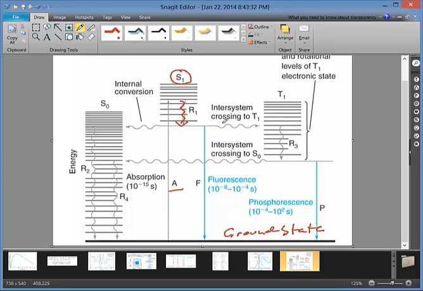And the other direction here is called an intersystem crossing. What's important for us to understand is that in both of these cases, these are what we refer to as radiationless transitions. Radiationless transitions do not emit any light, and they generate heat.